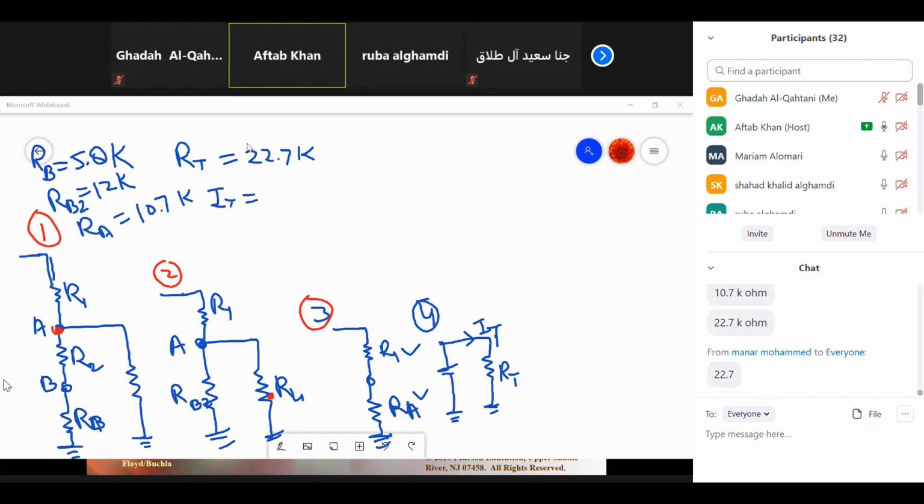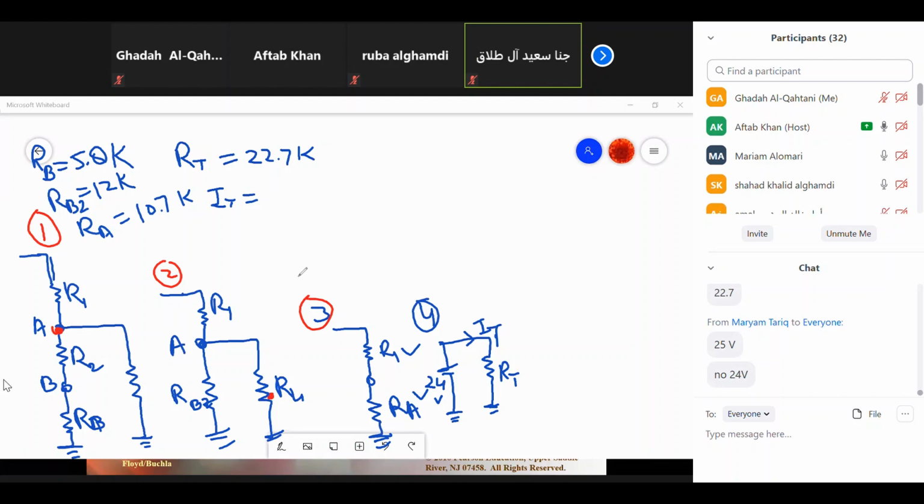How much is the battery? We need to find IT. 24 volt. 24 volts battery is there. Okay, so calculate the IT now.